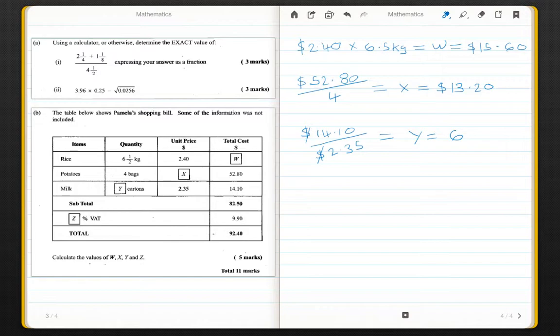So to work out the VAT percentage, what we do, we put $9.90 divided by $82.50 times 100%.